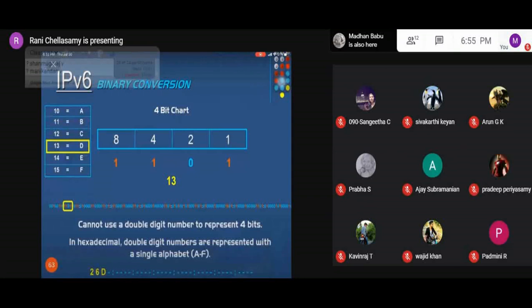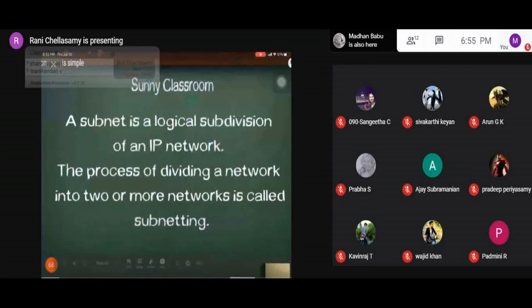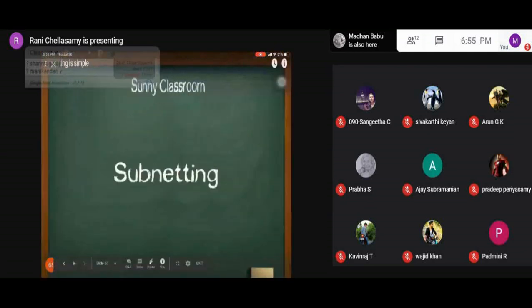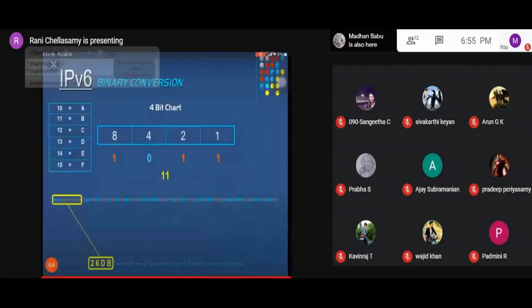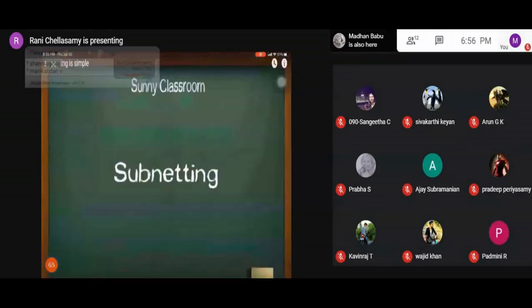So for 13, you have to represent D. For the first octet, 26 dB is written, and it is completed. Likewise, you have to go on completing 128 bits in the IPv6 address.